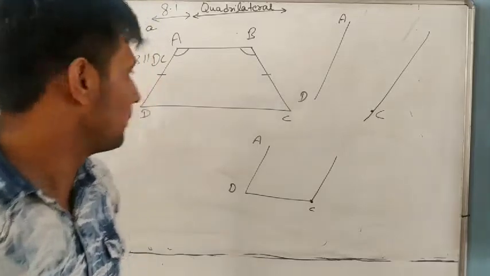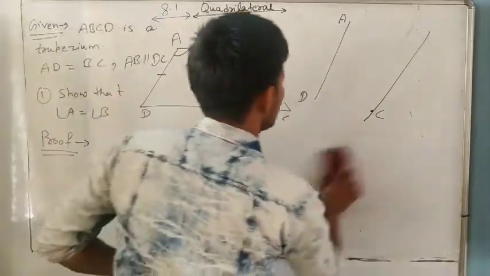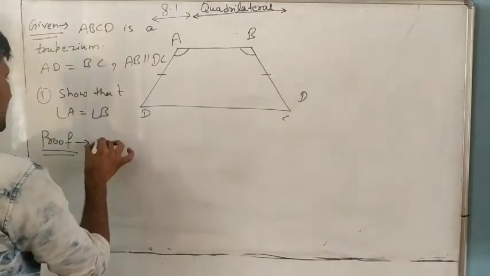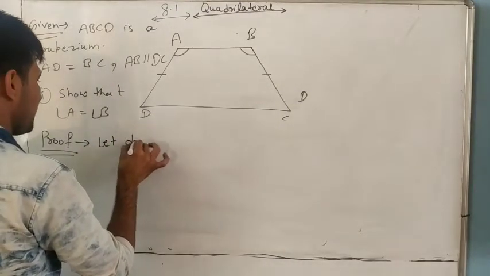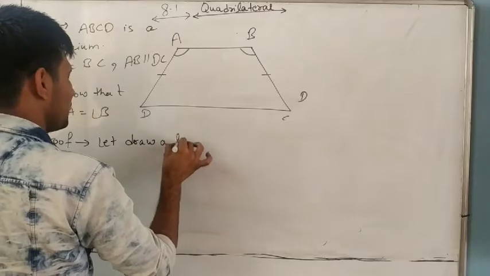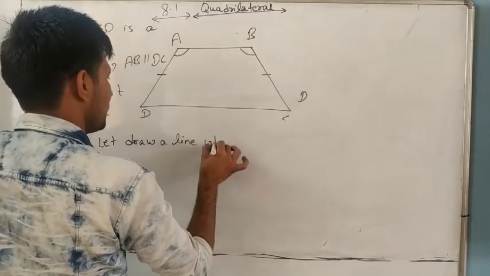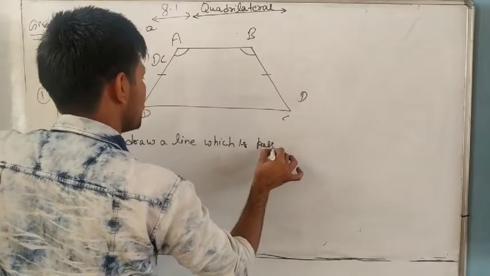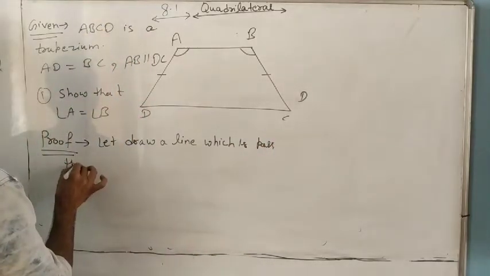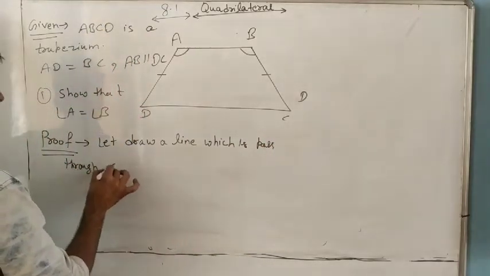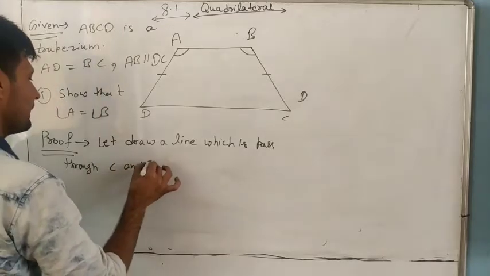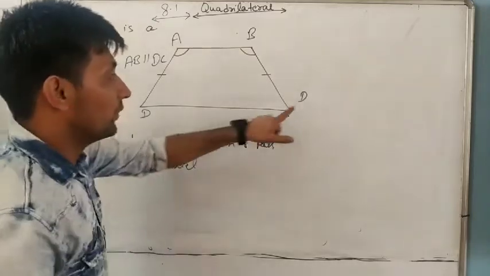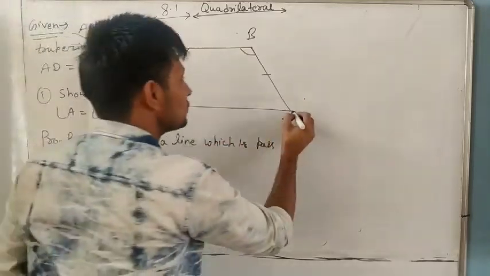Okay. So we will write here. So we will construct. Let us draw a line which passes through C and is parallel to DA.